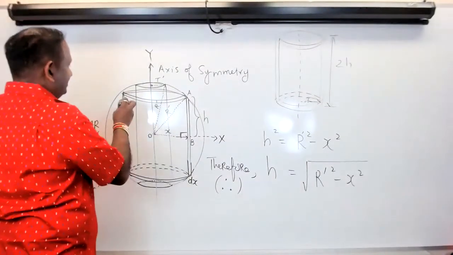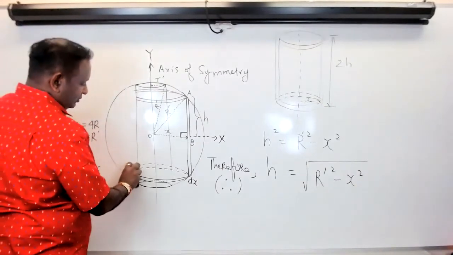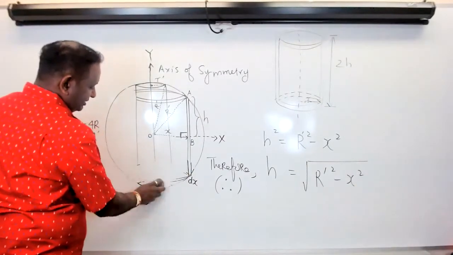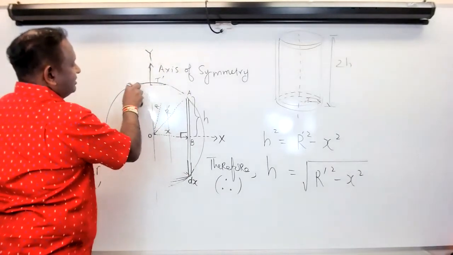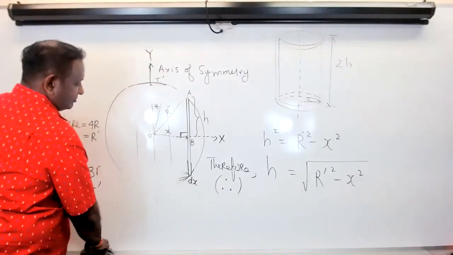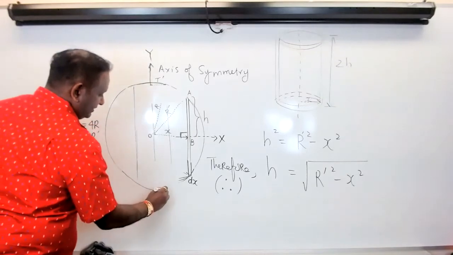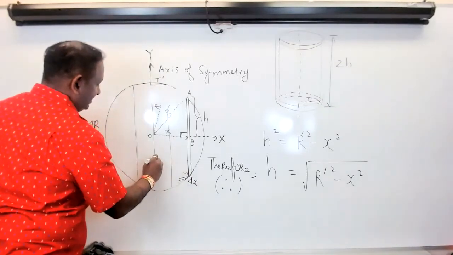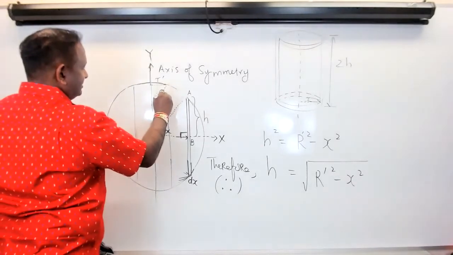cylinder, the bead. I'm going to erase this one for you too, as there are too many lines over here to make it clear. So this is the bead, the cylinder that has been taken out from there. This is the axis of rotation.